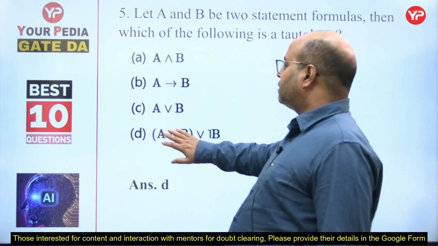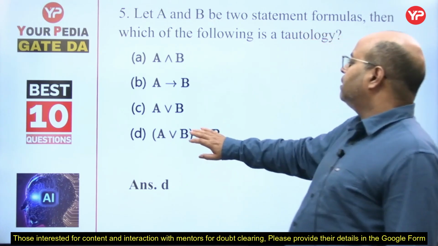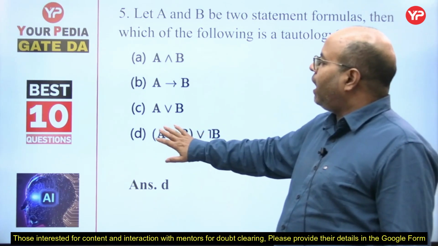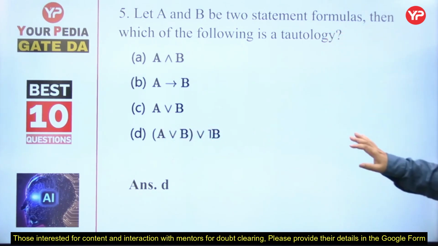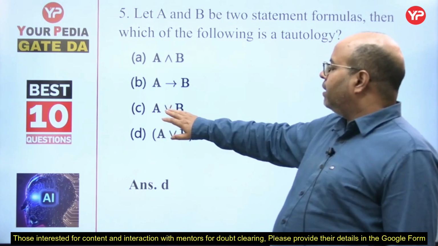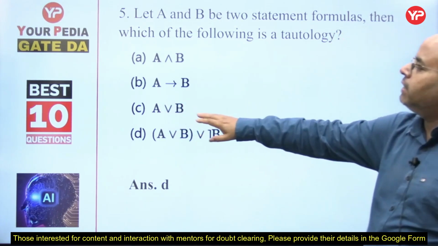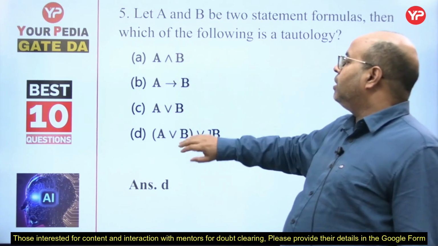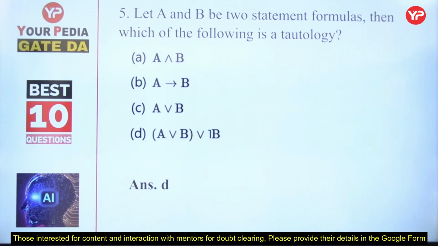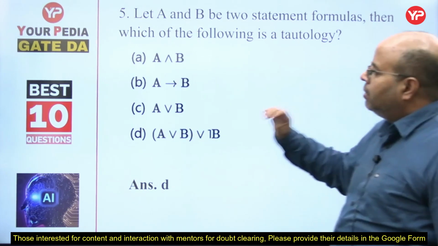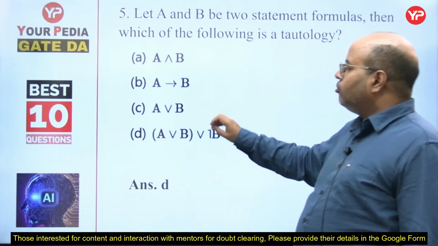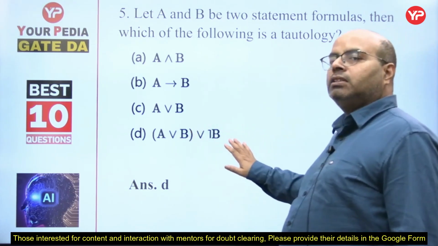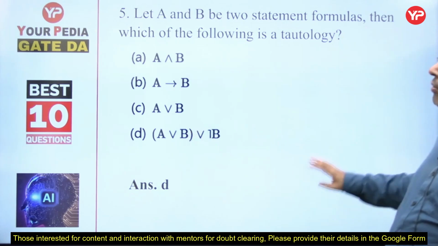And A is also false, then this will be false, but this will be true then. So this will always be true, that's why it's a tautology. While here, if A is false or B is false, then it's false, it's not a tautology. Whatever values you give, whether you give A positive or negative, or whether you give B positive or negative, this is going to be true only. Its result will be true only, that's why it's a tautology.